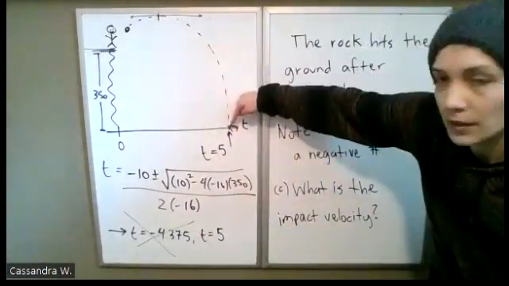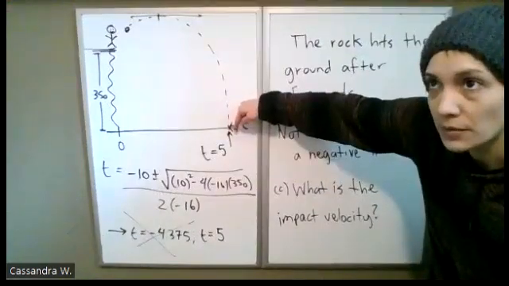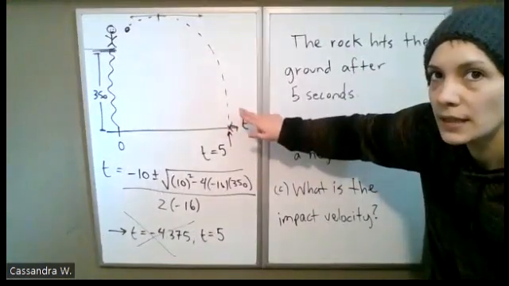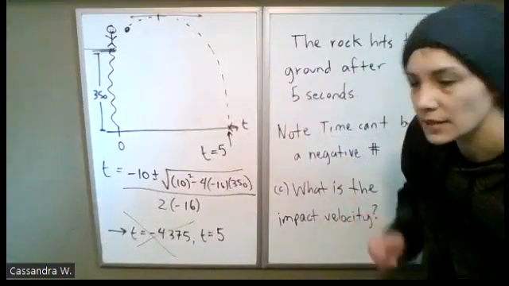Like right here, when t equals 5, we'll find the velocity with that function v of t.